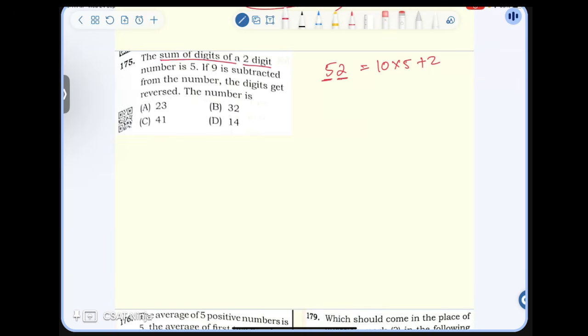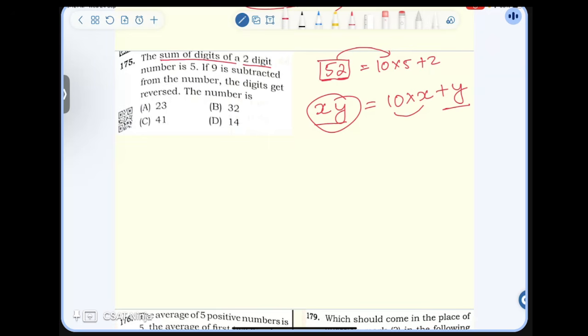So if I assume that my two-digit number is xy, it can be written as 10 into x plus y. Why? Because 52 can be written as 10 into 5 plus 2. Same way, 10 into x plus y. But what does it say?